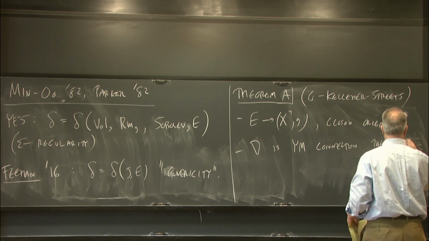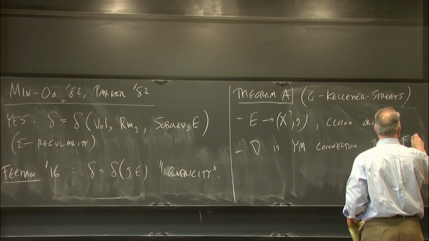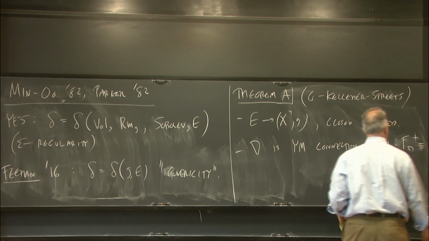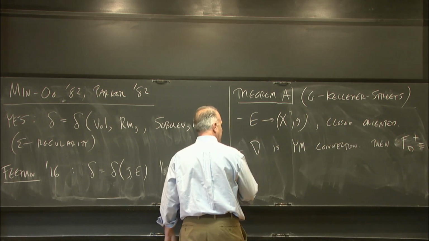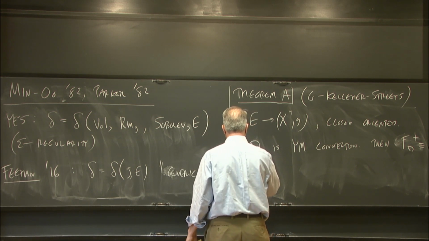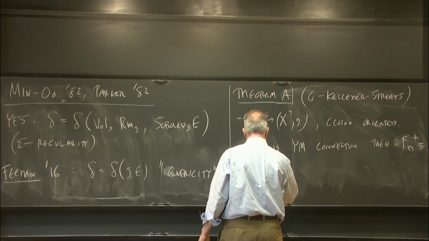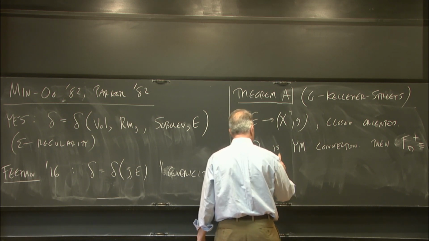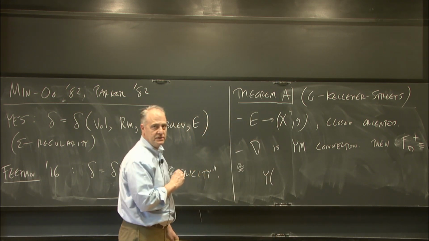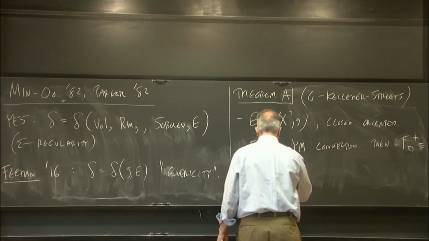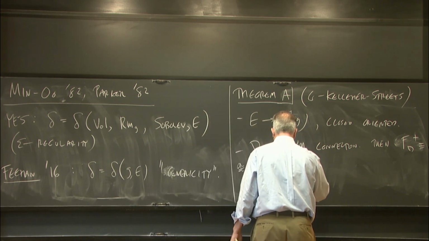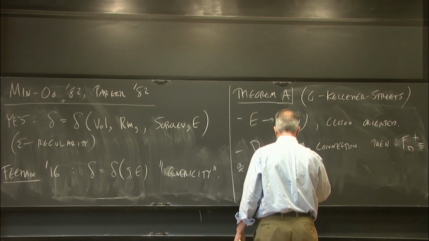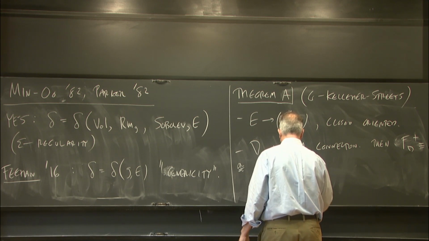Well, let me put it, I'm going to do it for the self-dual part. Then the connection is anti-self-dual, or you get the following inequality. Our result only holds if the scalar curvature of the base manifold is positive. And we measure that in a conformally invariant way by looking at the Yamabe invariant. So this is the Yamabe invariant.